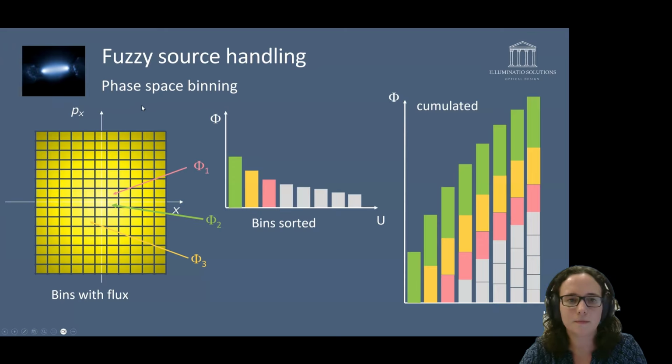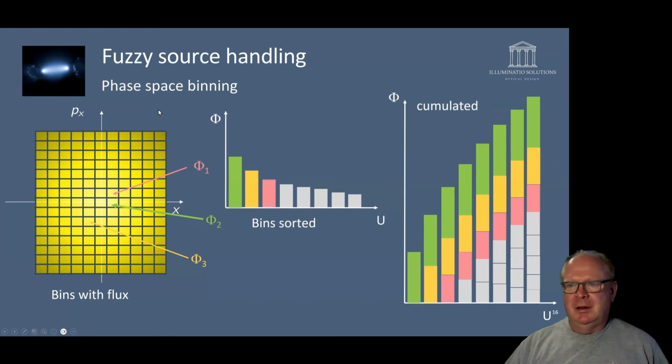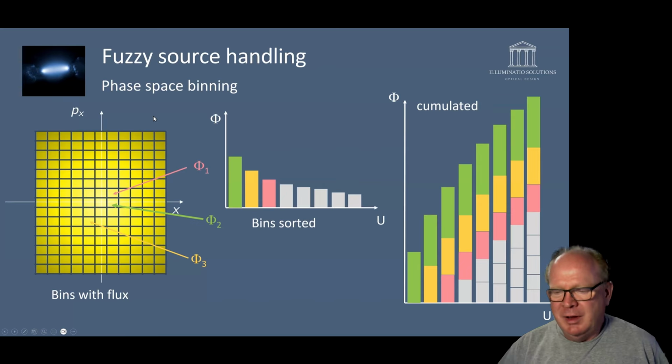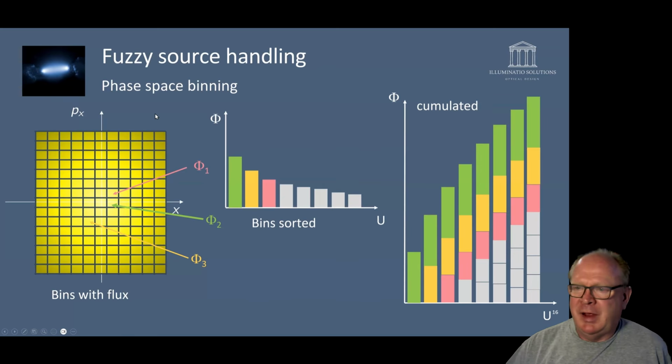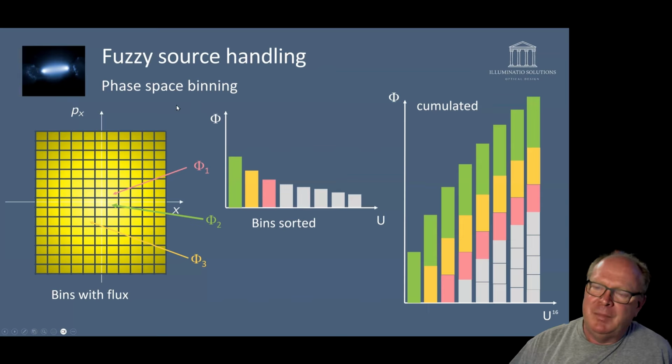Then you use a fine binning and do maybe 10 or 20 bins per coordinate, which will give in the end 10,000 to 40,000 bins, and much more you cannot handle. And this is practical, and then you can calculate, say, theoretical maximum values for light collection from such a source.